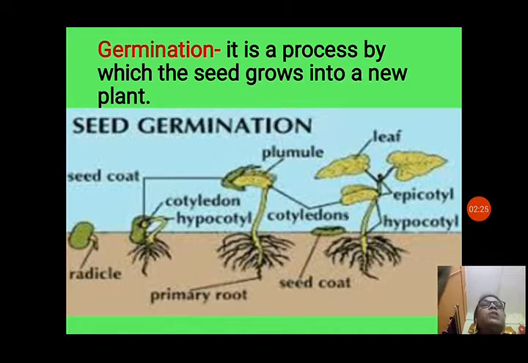After some time you see that the radical goes downwards and grows into a root, and after some days you can see one more structure called plumule appears, and that plumule develops into shoot, and after that leaves appear in the plant and cotyledons shrink and fall down or die. So the seed germinates into a new plant by the process of germination.